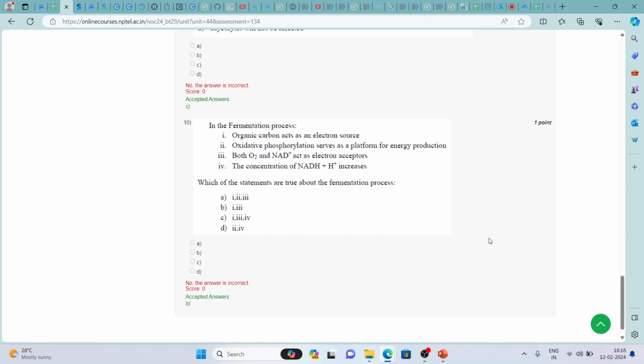Concentration of NADH plus H plus increases. Which of the statements are true about the fermentation process? They are saying that the answer is B, options 1 and 3 are correct. Organic carbon acts as electron source, that is right.